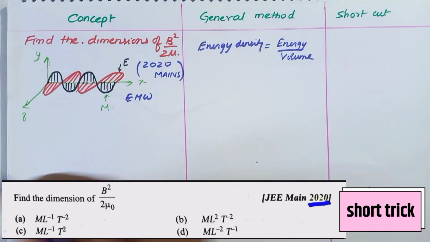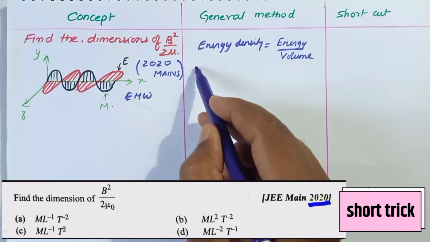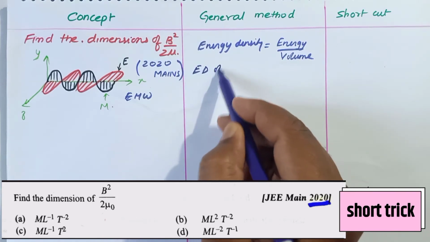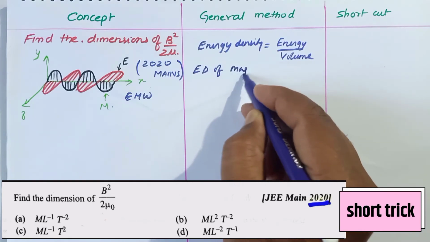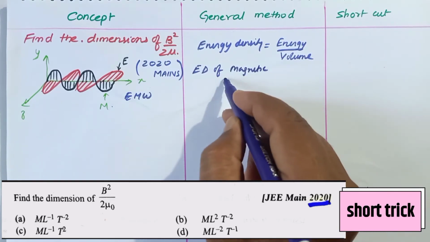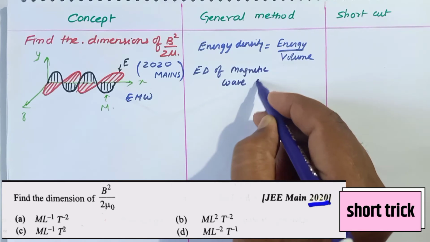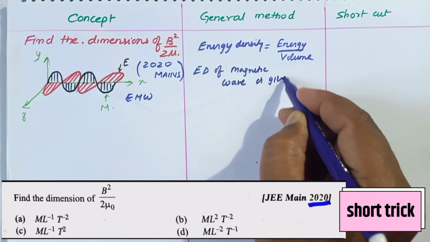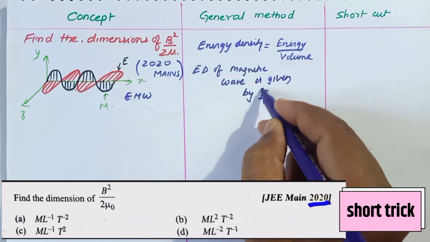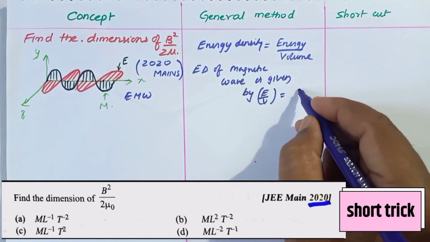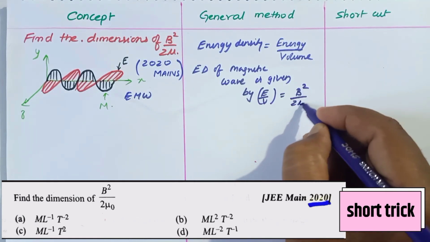Okay, and energy density of a magnetic wave, this is the magnetic wave, is given by energy by volume, which is equal to B square by 2 mu.